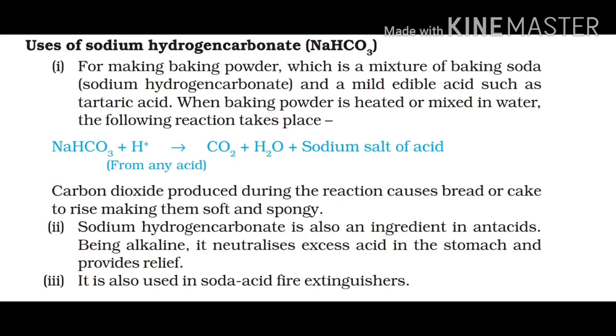NaHCO3 + H+, from any mild edible acid, gives CO2 + H2O + sodium salt of the acid. Carbon dioxide gas produced during the reaction causes bread or cake to rise, making them softer and spongy.